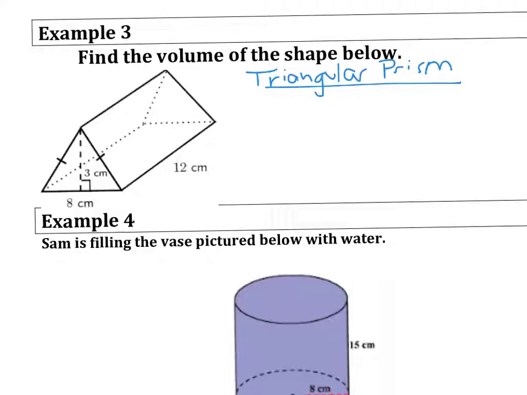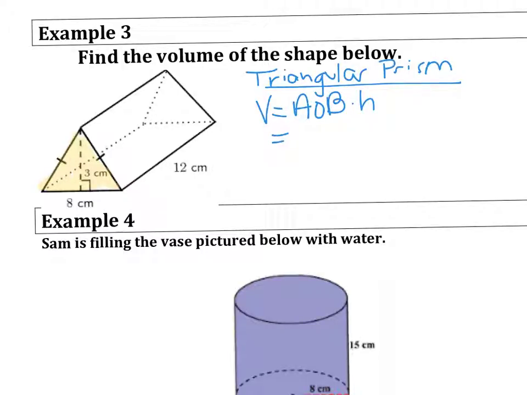So we would want to identify, in this case, the base of the figure as the triangle. So if you take a look, we'll highlight the base. And let's recall our formula for any prism: volume is equal to area of the base times the height.